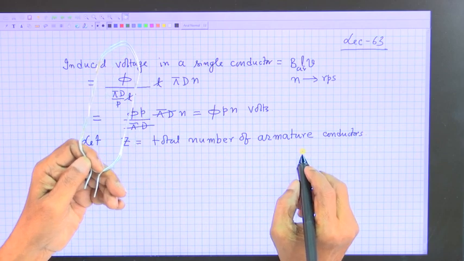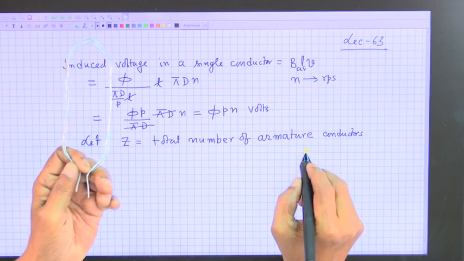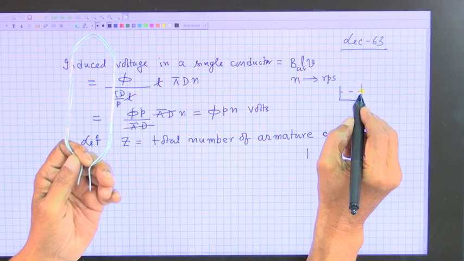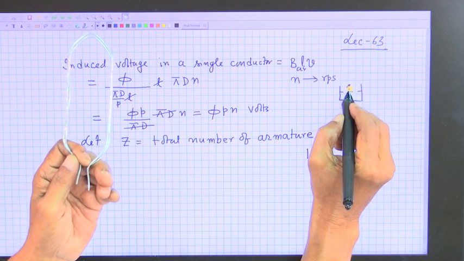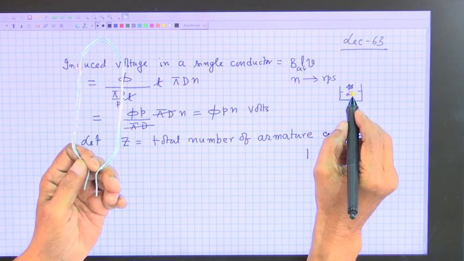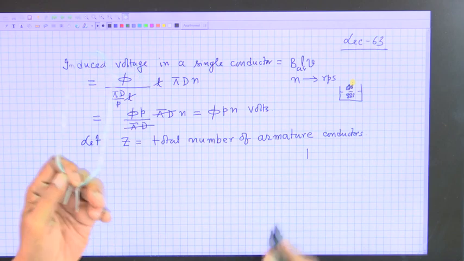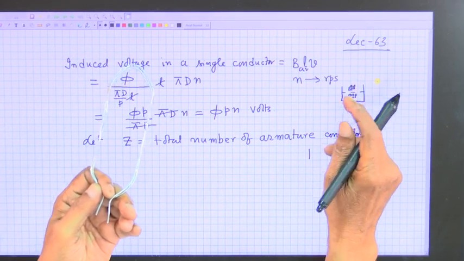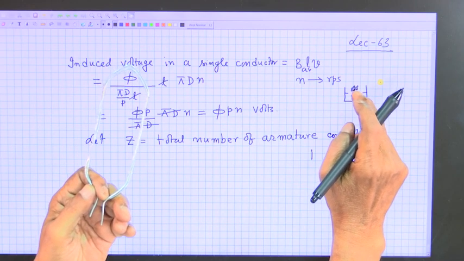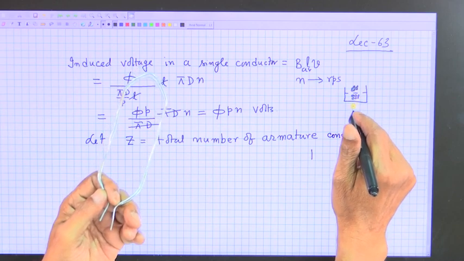So, in a slot like this, here I draw a slot, there is the upper deck, multi-turn coil, a section of that, and another coil side, multi-turn coil. Got the point? Therefore, if it is suppose having 2 turns, then 2 sections you will see, 2 conductors, and for this also 2 conductors.